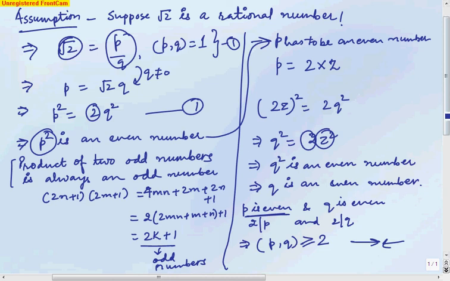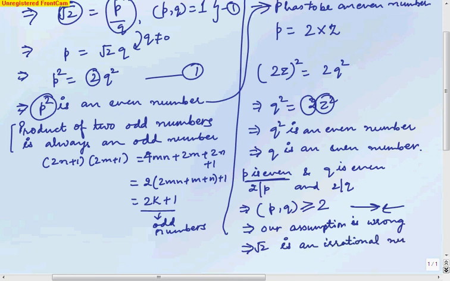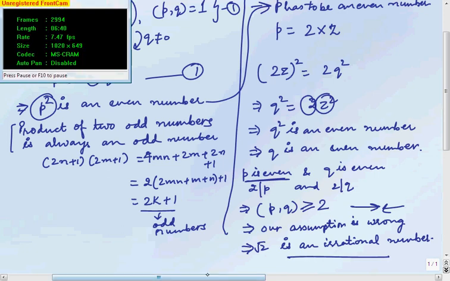So whatever we assumed is actually wrong, which implies that root 2 is an irrational number. That's it. This proves that root 2 is an irrational number.